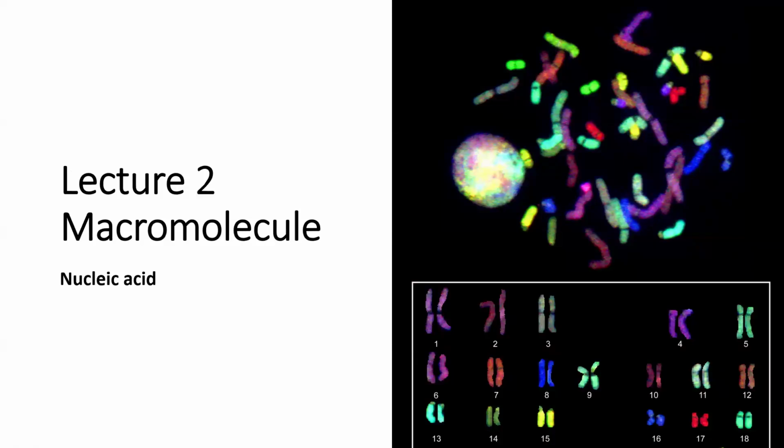Does anybody know how many chromosomes we have? 46. 23 from mom and 23 from dad, and then it comes together and you get the 46 chromosomes.